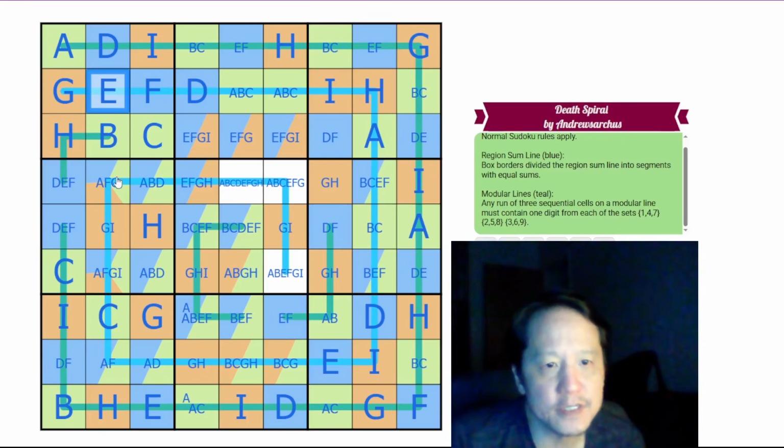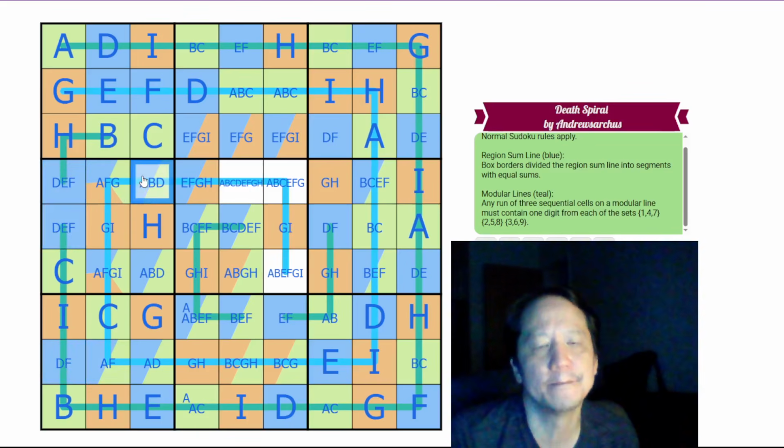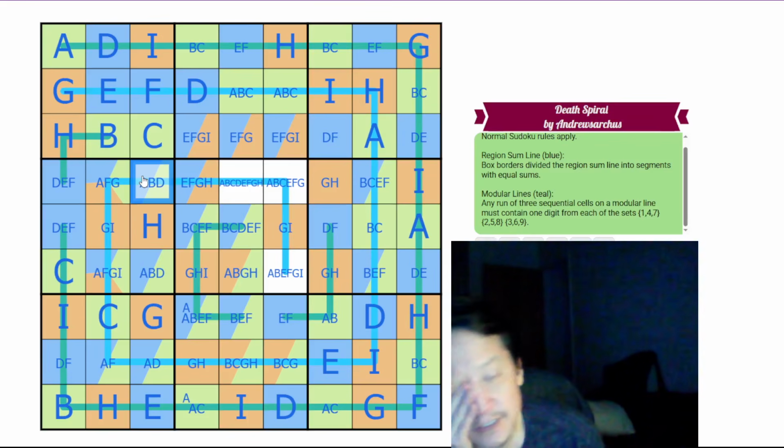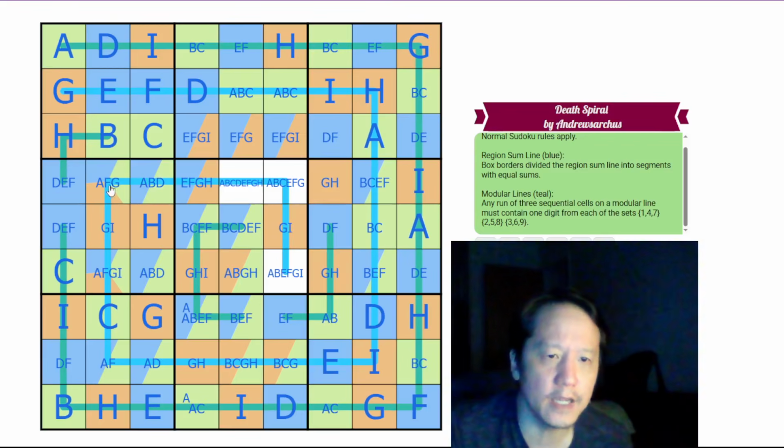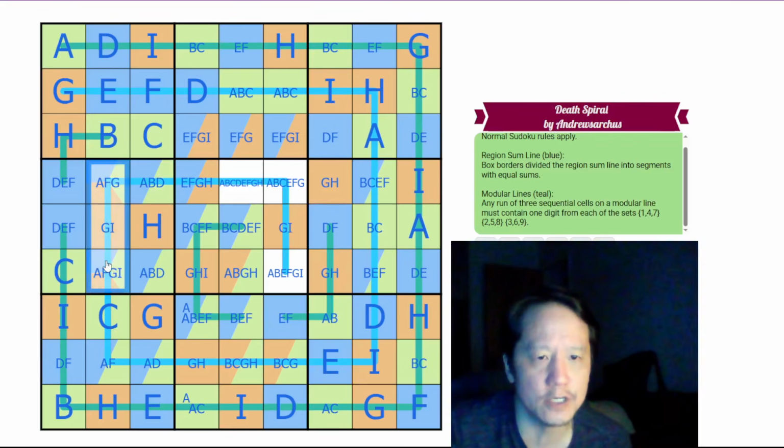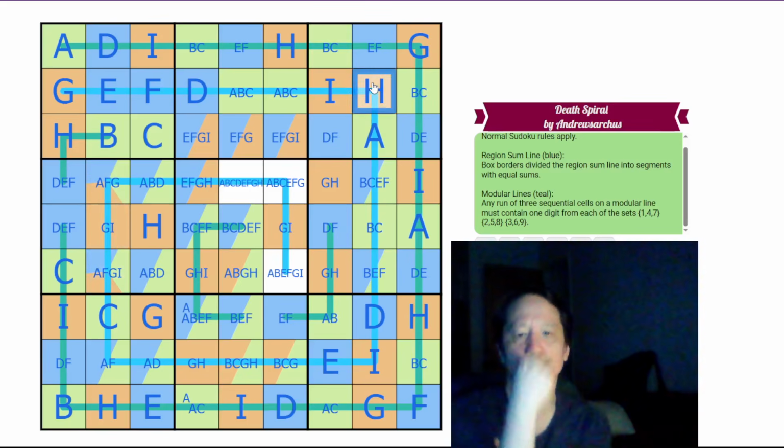If this is A, G, and I, that means this is F, this is D. So none of these could be D. This would have to be D. So then D and G would have to add up to H.